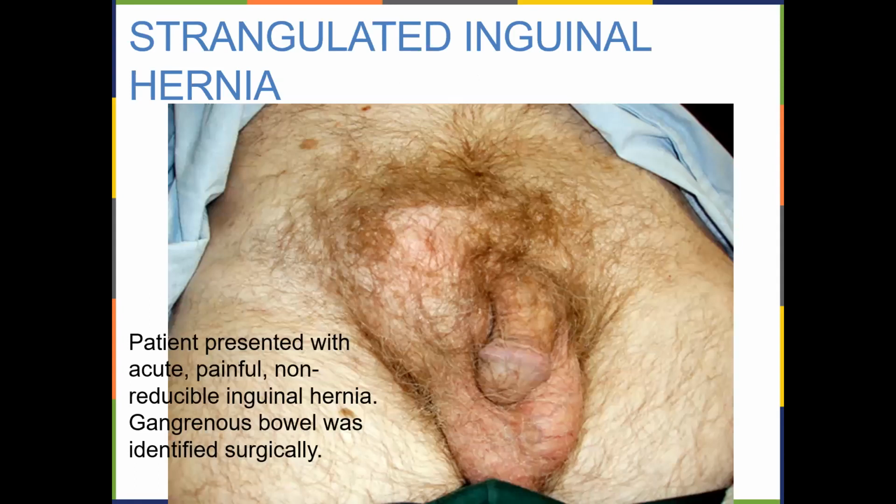Now, problems. This is a hernia. This is a hernia that is caused by tearing of the inguinal canal.